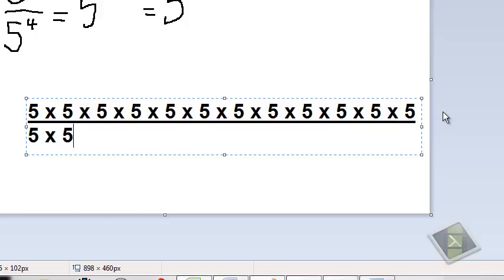This is what we could do. You could do this on anything. It would be a lot more work, but let's suppose you can't remember that rule to save your life.